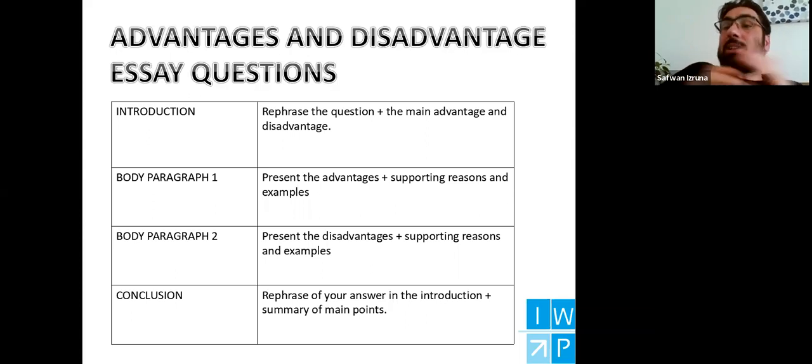Why is that a disadvantage? And then we could talk about students, how they don't have money and how they have a difficult life. And sometimes they have to rent houses and they don't have anyone to support them financially, and how this will affect their life negatively. Yeah. So we need to give reasons why what we're presenting is really a disadvantage. And whether we do an advantage or a disadvantage, we want to try and give examples as well.